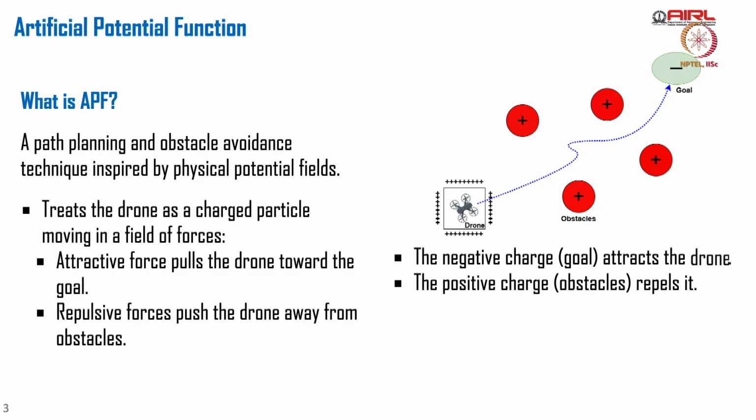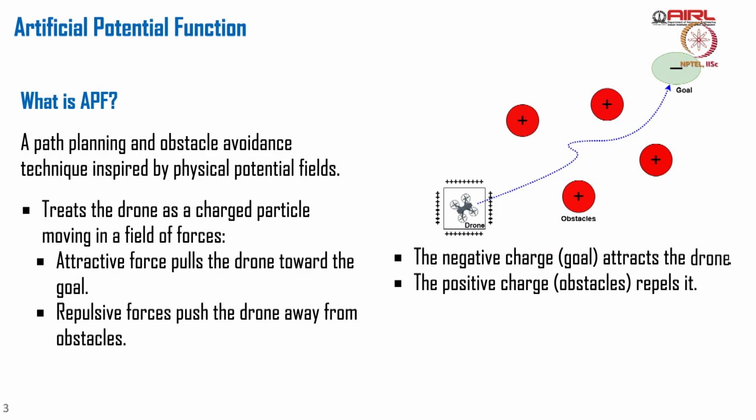Now let's look at what is artificial potential function. What is APF? In short form, APF. A path planning and obstacle avoidance technique inspired by physical potential field. Treat the drone as a charged particle in a field of forces.